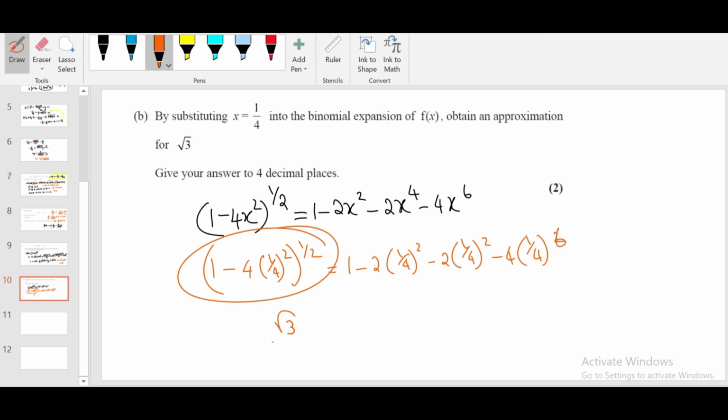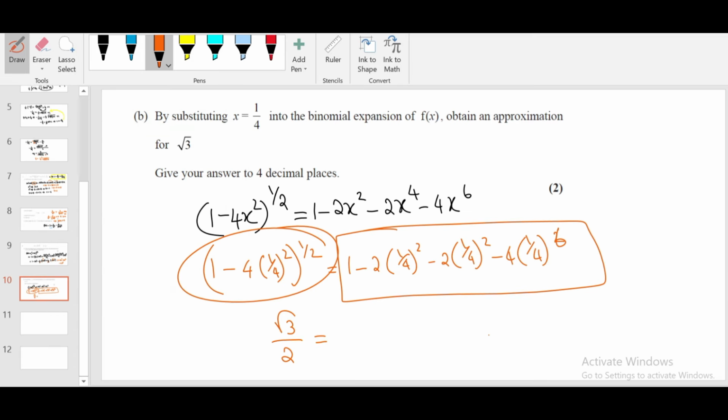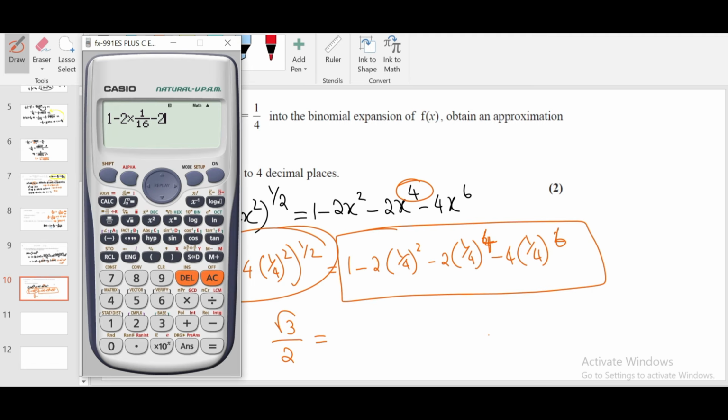So square root of 3 divided by 2 is equal to, now let's find the value of this and multiply by 2. 1 minus 2 times 1 over 4 whole square is 1 over 16, minus, this becomes power 4 actually, not 2. So minus 2 times 1 over 4 power 4 minus 4 times 1 over 4 power 6.